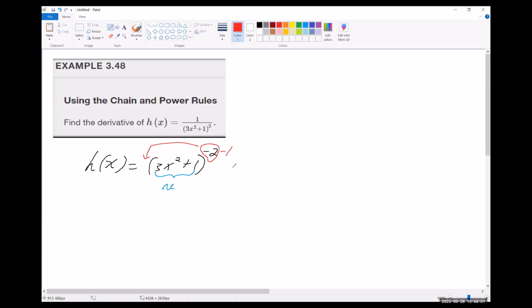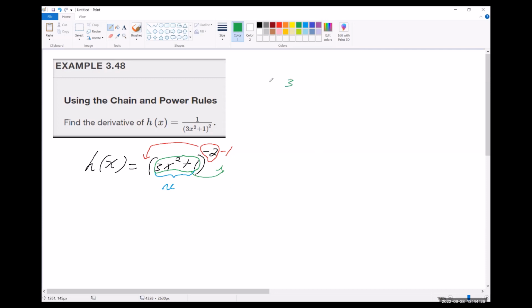Then you have to take that piece and find its derivative over here. Let's do it in green.